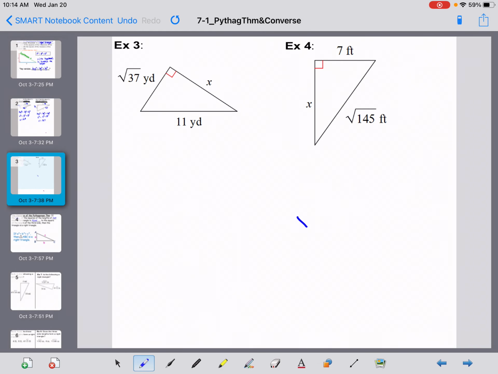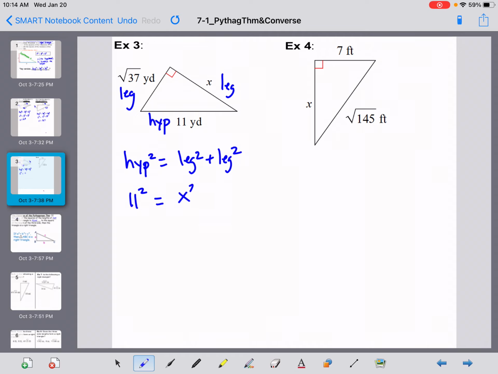All right, we got a couple more examples, except now we got these funny looking radicals. That's okay. They're just a number. They look different, but they're still just a number. So now I've got hypotenuse, leg, and leg. So hypotenuse squared equals leg squared plus leg squared. Hypotenuse is 11 squared. My one leg is x squared. And then since I've got this radical, I got to use some parentheses. Same thing.